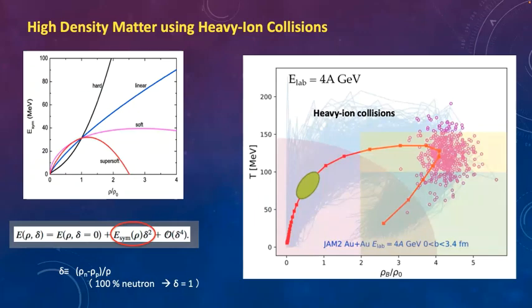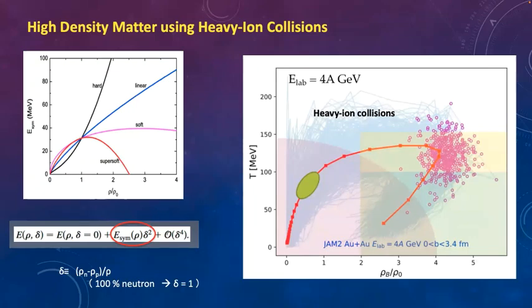And if you're looking at neutron stars, you want to look at the asymmetry part. I would say RIKEN and also FRIB, and hopefully FRIB 400, have the advantage that we are able to use a large range of isotope beams with different asymmetry compared to GSI.